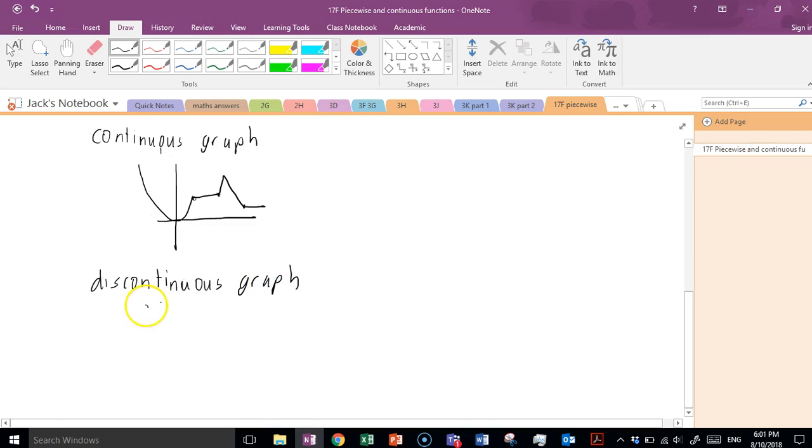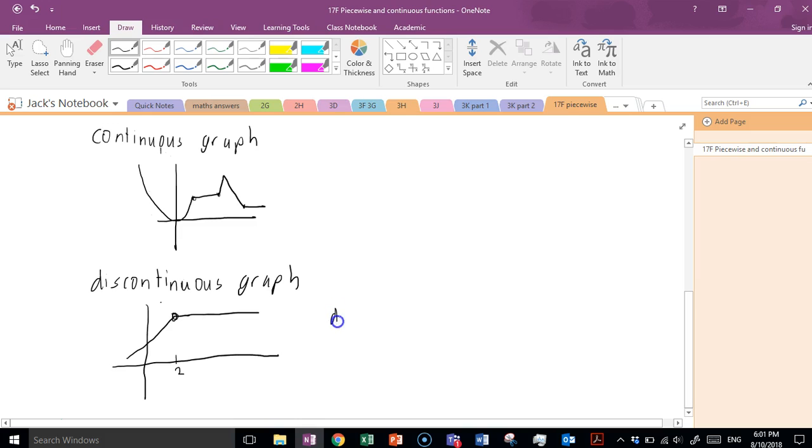Or you could have one that appears to be continuous but actually isn't. So for example, if you have a look at this graph here, at that point there we've got the open circle. So let's say that's at x equals 2.